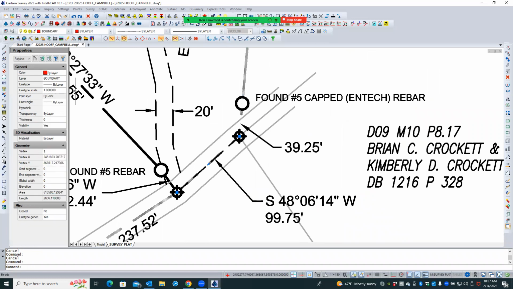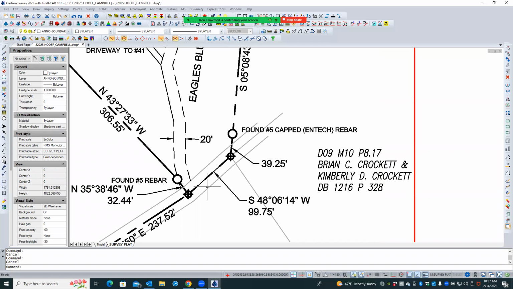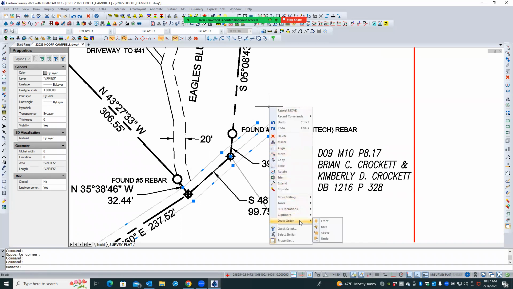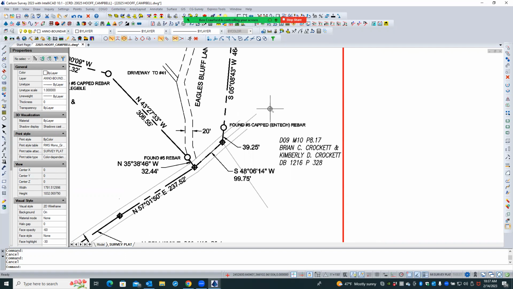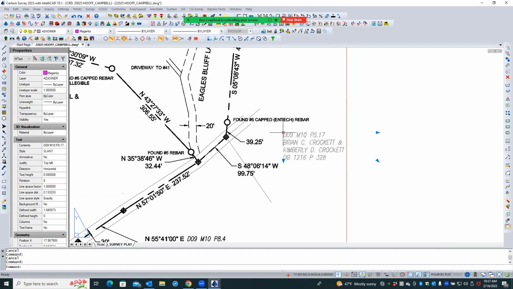And all right, that's a little better. And then now this won't be so crowded in there amongst it.